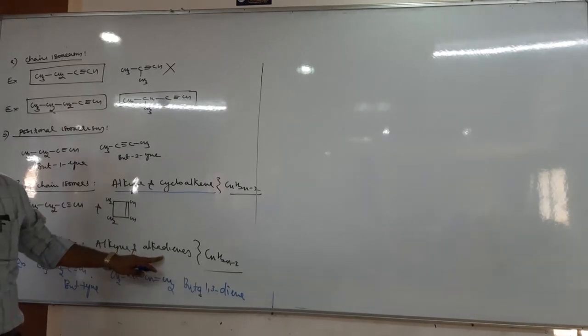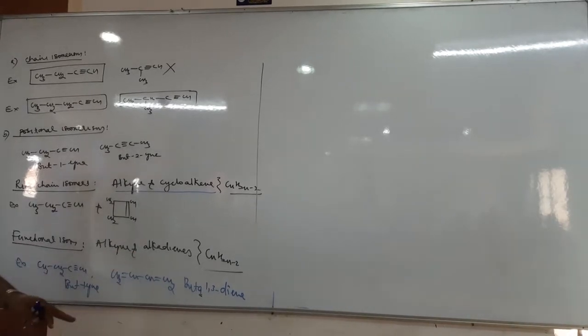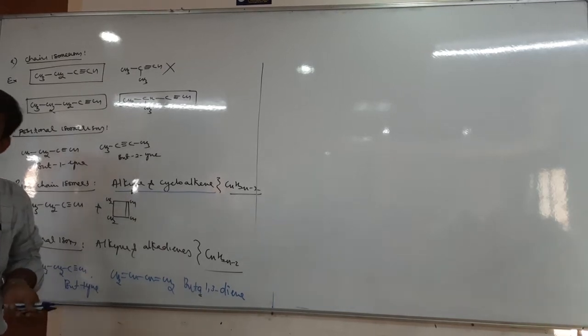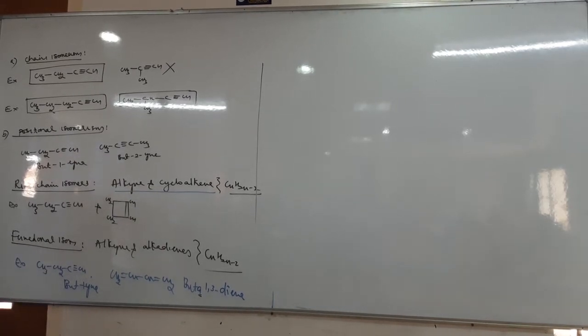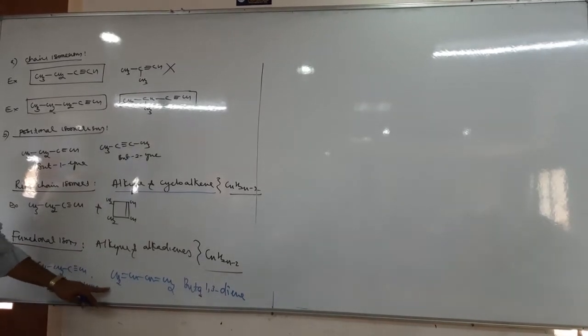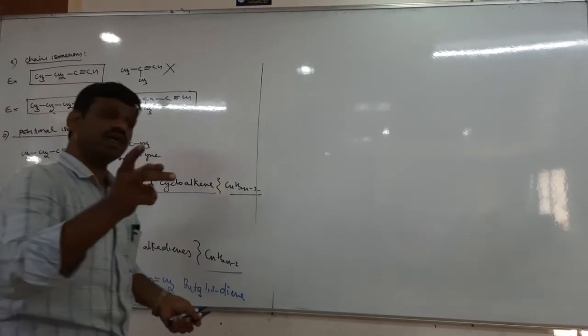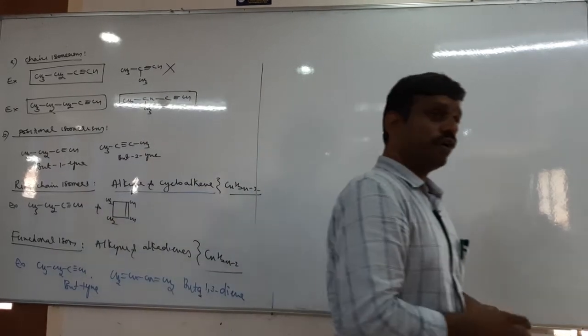It may be 1,2-diene, 1,3 or 1,4, any diene. We did not say that only this diene is a functional isomer. Alkyne and any dienes are examples of functional isomers. Therefore, for but-1-yne, buta-1,2-diene and buta-1,3-diene are both examples of functional isomers.